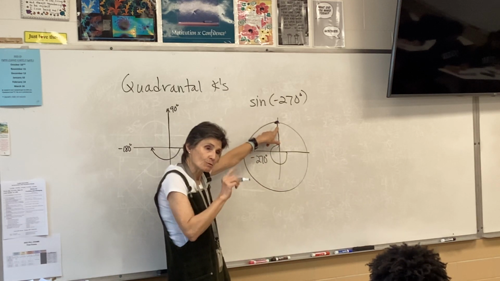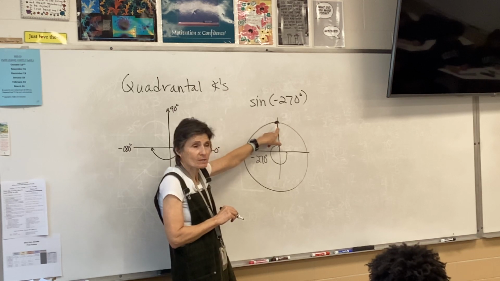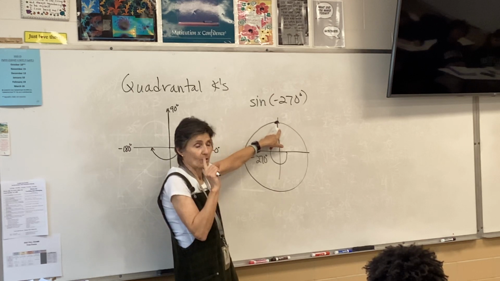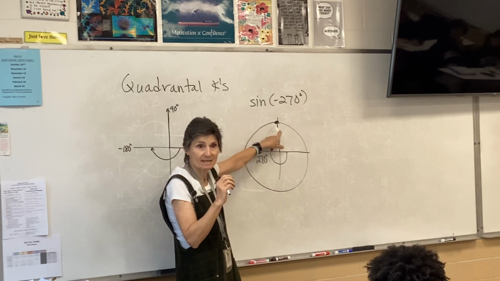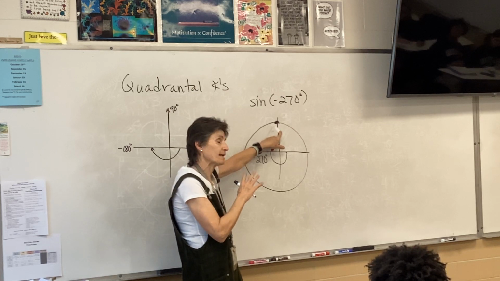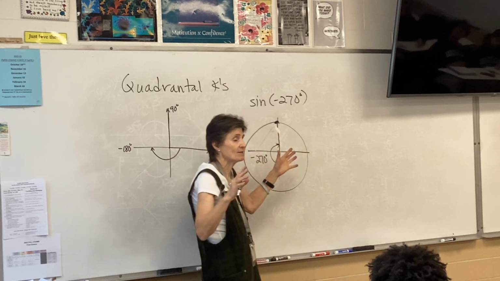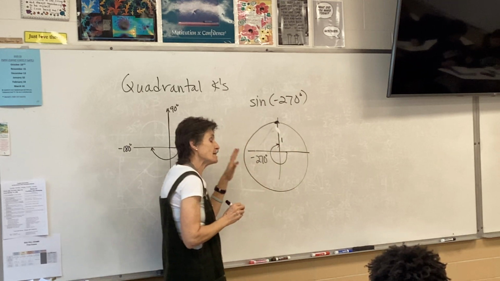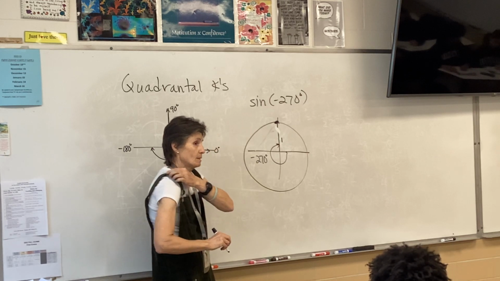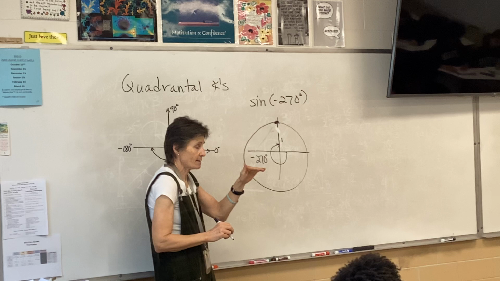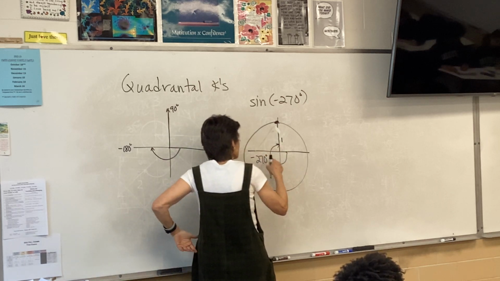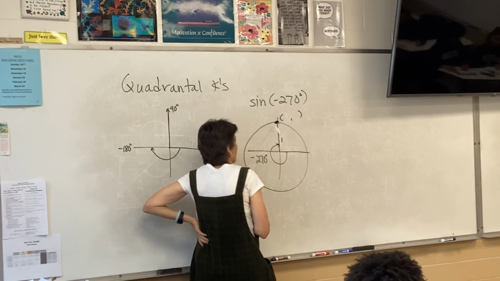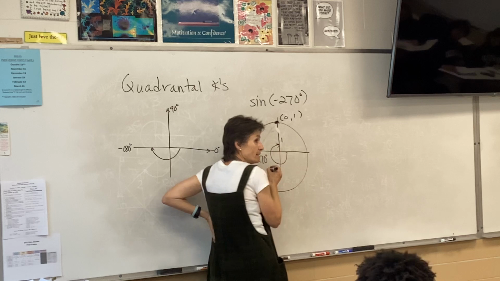Now here's the good news. You can make that circle whatever size you want it to be. As long as I'm making the circles, they're going to have a radius of 1 because 1 is the easiest number. But you'll see in a second, if you want your radius to be 5 or root 17, it doesn't matter. But I'm going to let my radius be 1. If the radius of that circle is 1, what are the coordinates of this point right here? 0, 1, right?